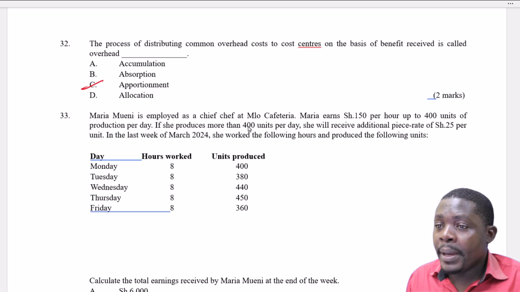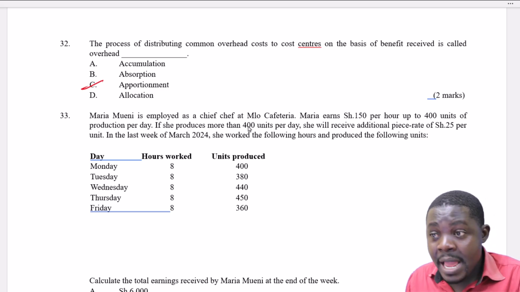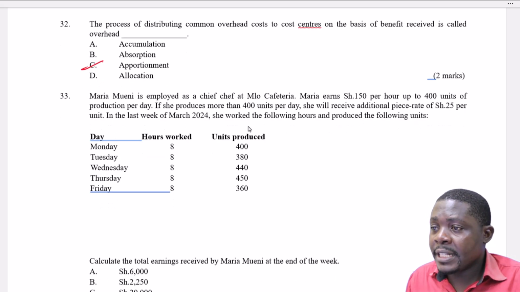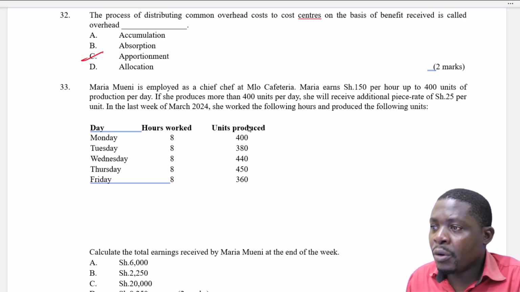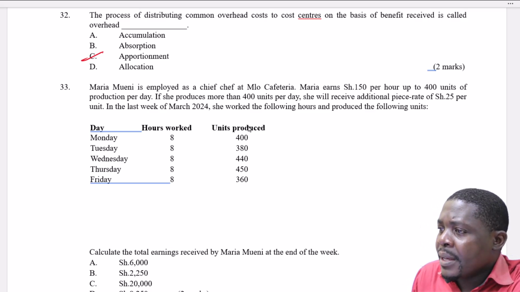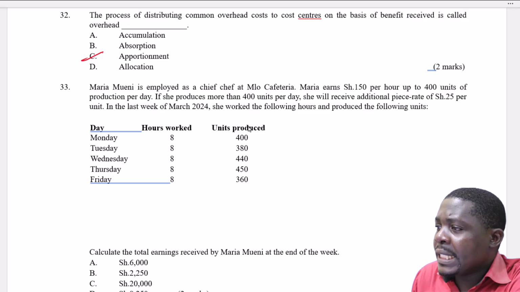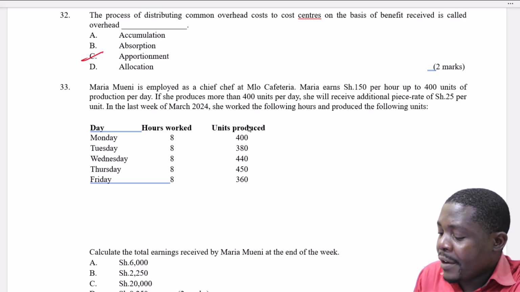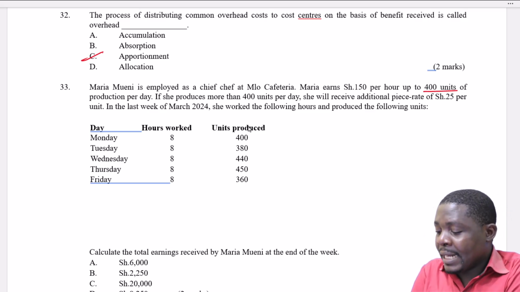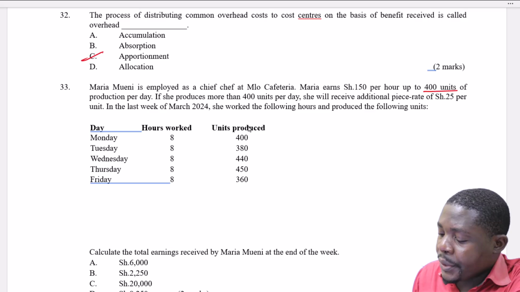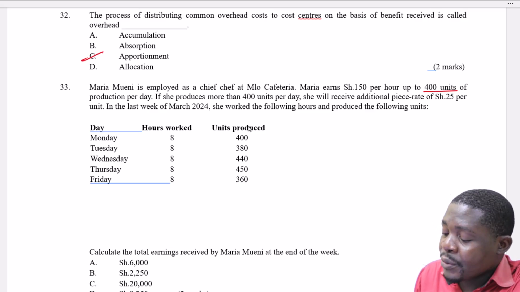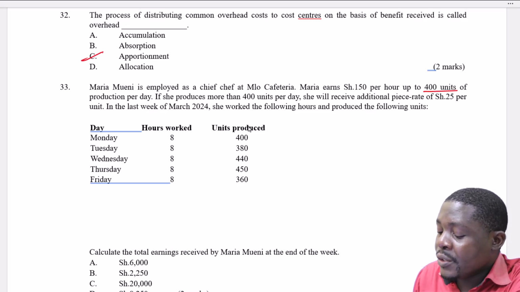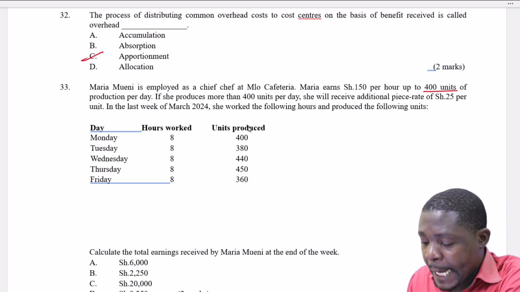And then next, Maria Mweni is employed as a chief chef at Mulo Cafeteria. Maria earns 150 shillings per hour up to 400 units. For every hour she does the job, she is going to be paid 150 up to 400 units of production per day.